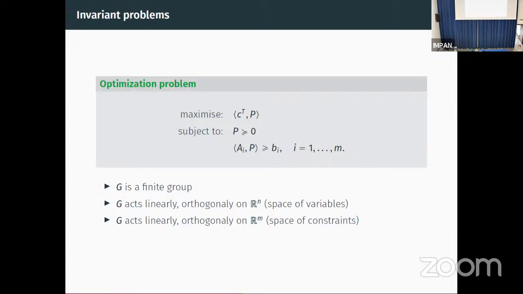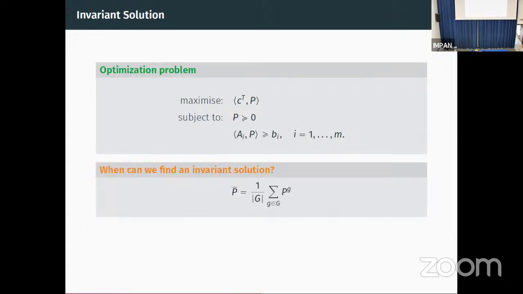So again, we said that each constraint was also defined in the polynomial space by some monomial, maybe of larger degree. So one action is good enough for our case. Okay? And the question is, when can I assume that there exists, under this action, an invariant solution?